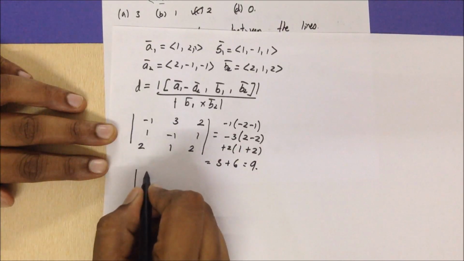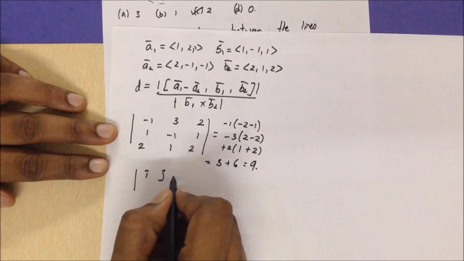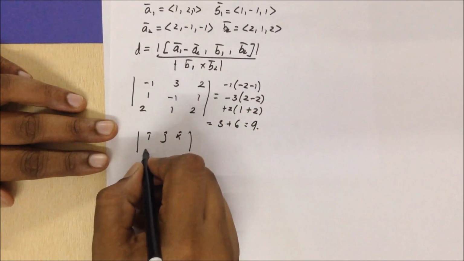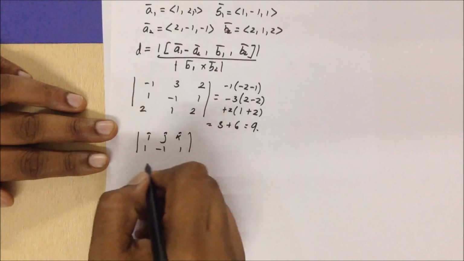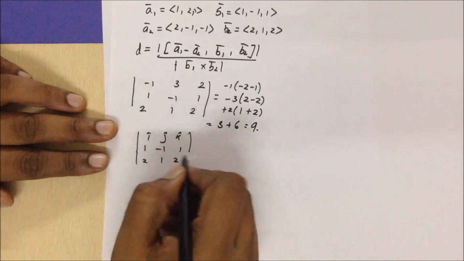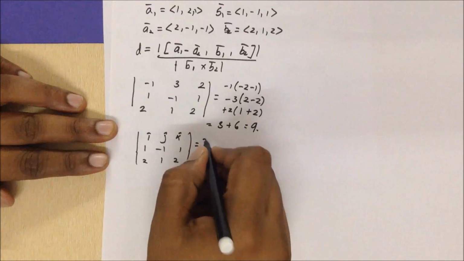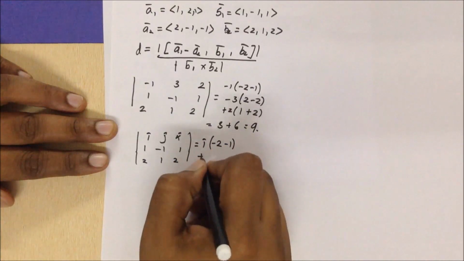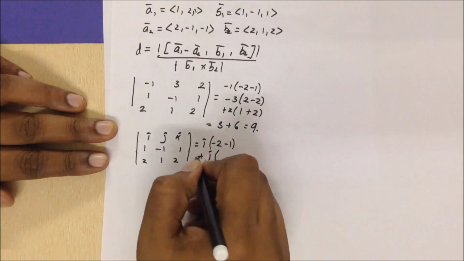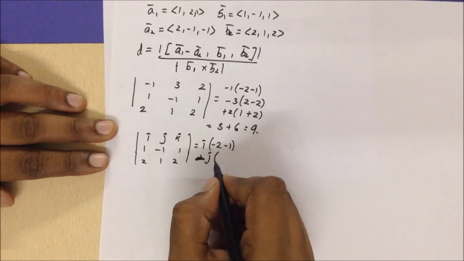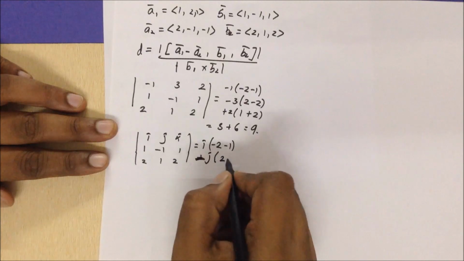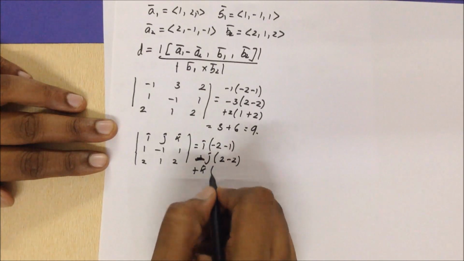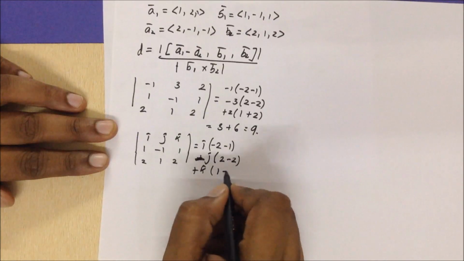So b1 cross b2 is i, j, k, then the b1 terms, that is 1 minus 1 1, and 2 1 2. So that's going to be i into minus 2 minus 1, plus j into minus 1 into 2 minus 2, and for my k, it's going to be plus k bar into 1 plus 2.